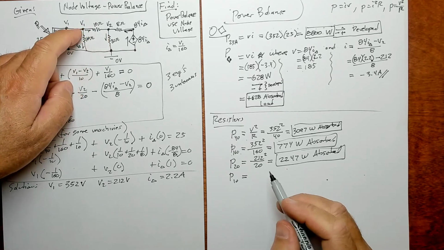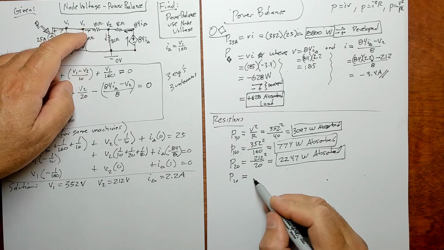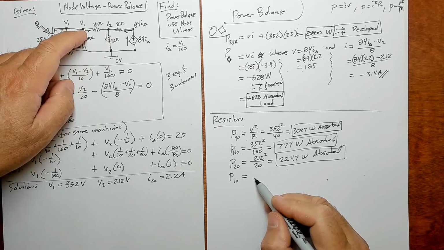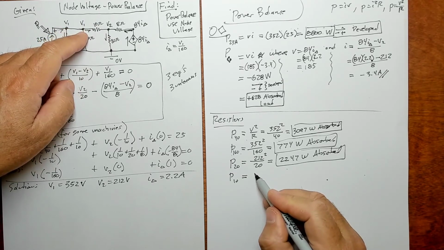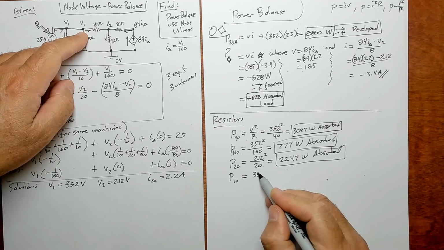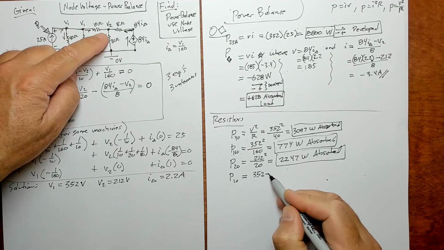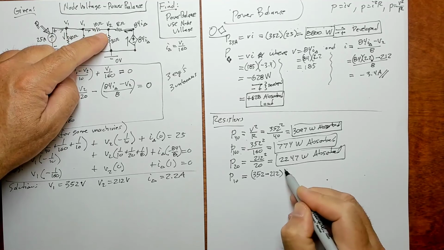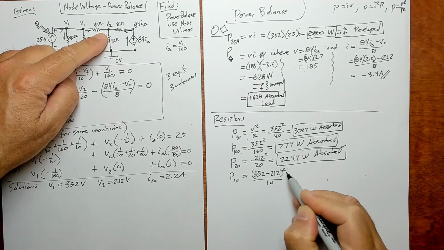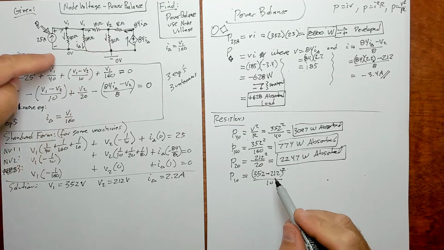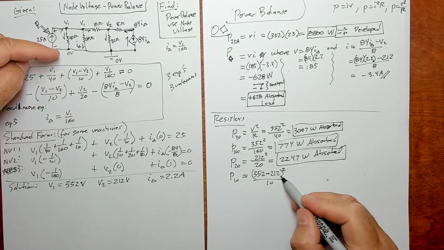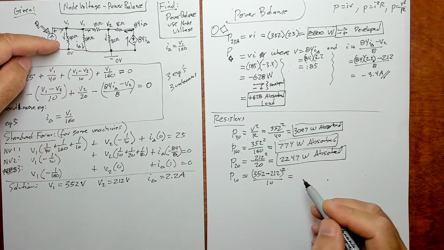So V1 is 352, so it's going to be 352 minus this one. It's the potential difference squared over the resistance, which is what the others were. It's just 0 on the bottom for the others.